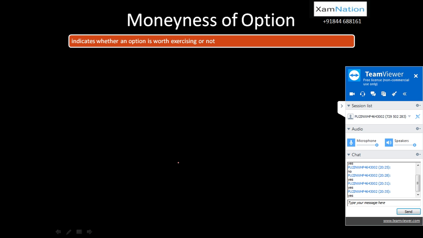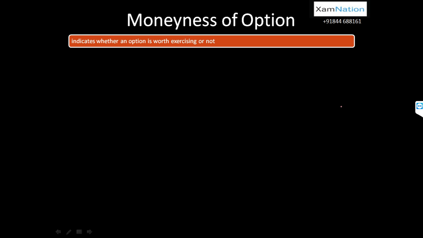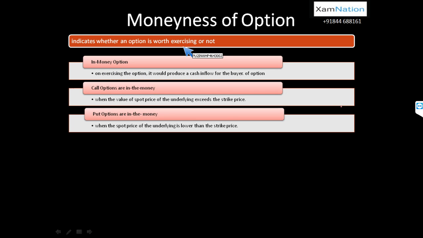So now we will understand moneyness of an option. This is simply the name of a term. It indicates whether an option is worth exercising or not. An in the money option is one that on exercise will produce a cash inflow.